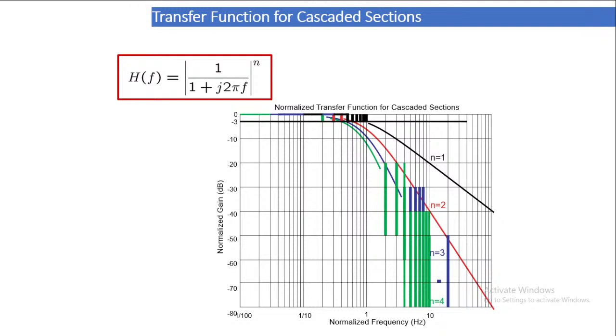You can see that when n is equal to 1, which means the number of transistors is 1, and when the number of transistors is 4 or 5 or 6, the bandwidth is not changing much. Although gain is increasing, the bandwidth is not changing much. So we can increase the gain without affecting the bandwidth to a large extent using cascading.